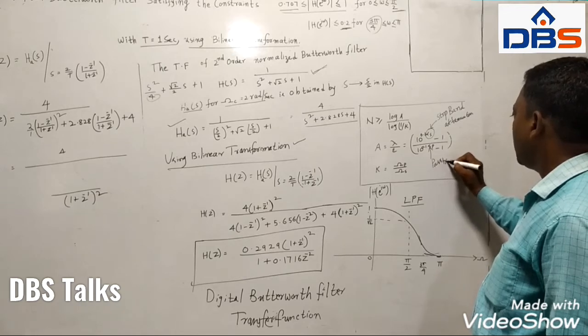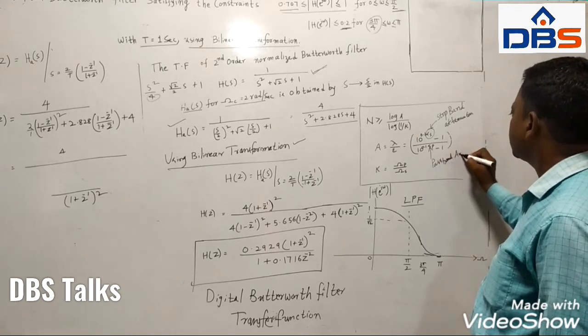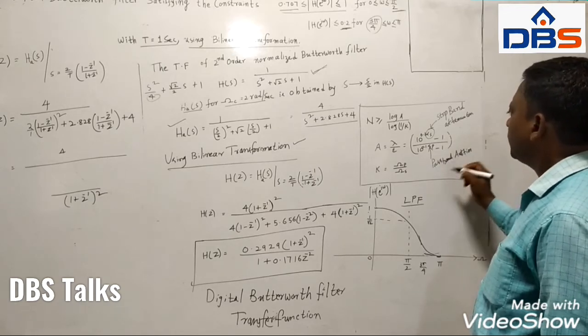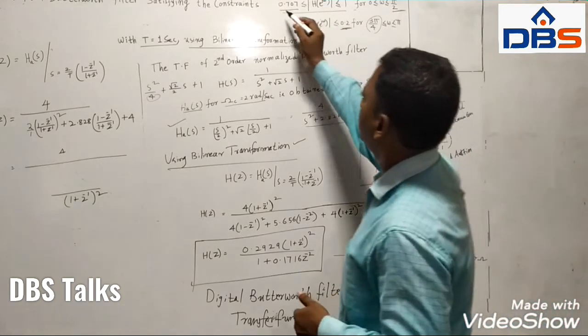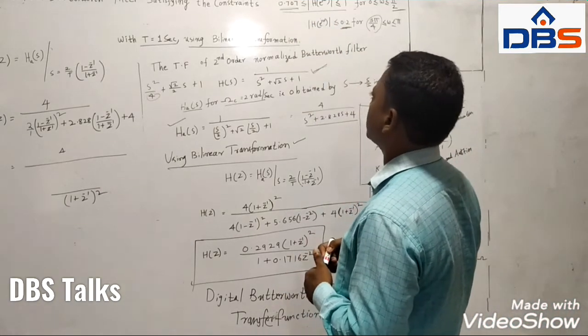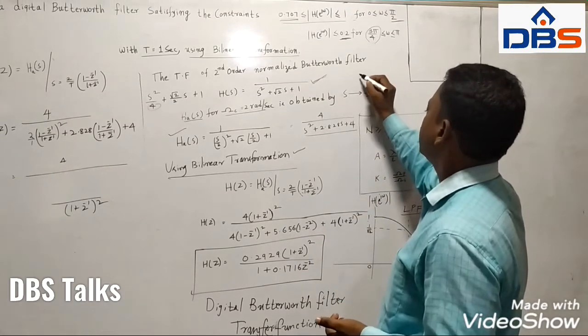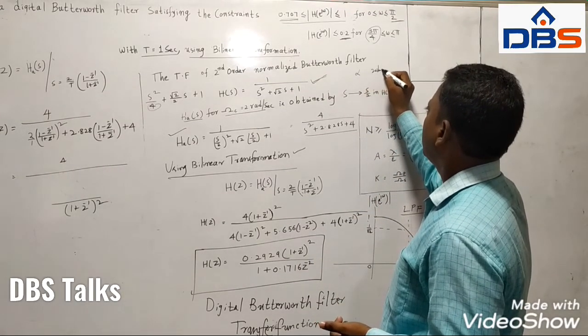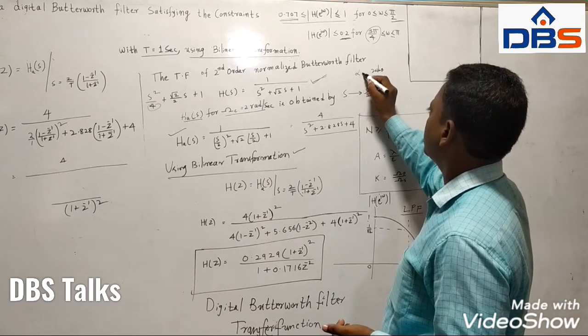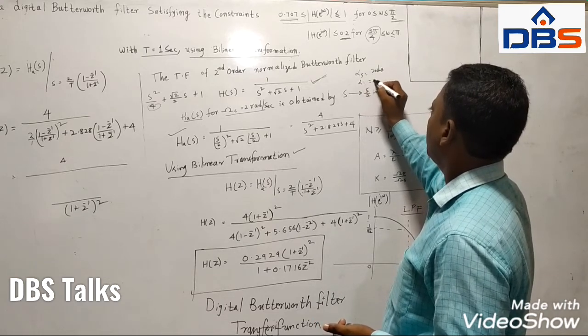Suppose lambda and epsilon are not given, and it is not 0.707 or something like that. Assume that the stop band attenuation is given as 20 dB, pass band attenuation 0.4 dB.